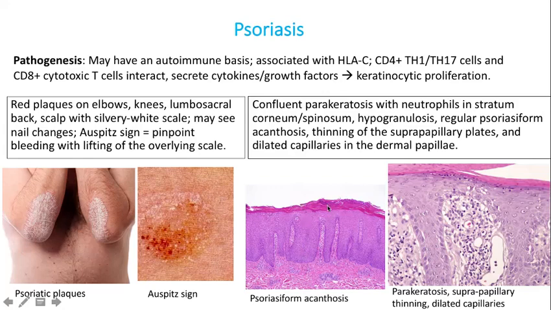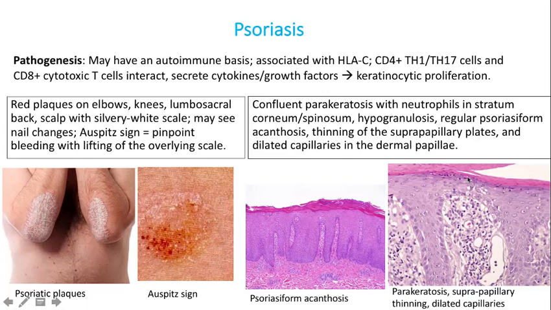The other manifestation here, as we look at higher power, you remember we call these dermal papillae, where you've got projections of the dermis up here just beneath the epidermis. The portion of the epidermis that's just above the dermal papilla is called the suprapapillary plate. In psoriasis, there's thinning of the suprapapillary plate.